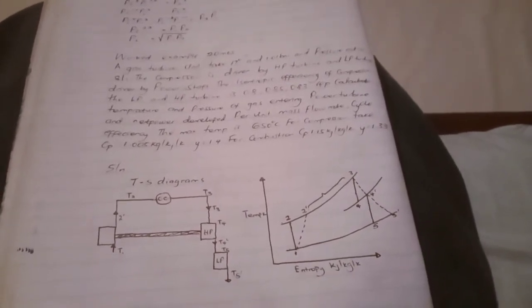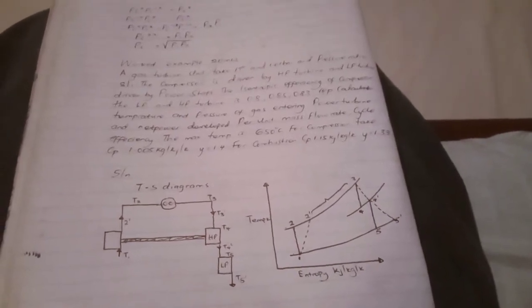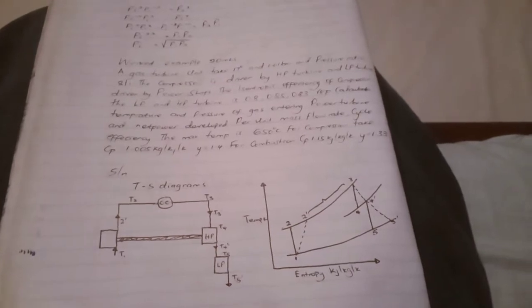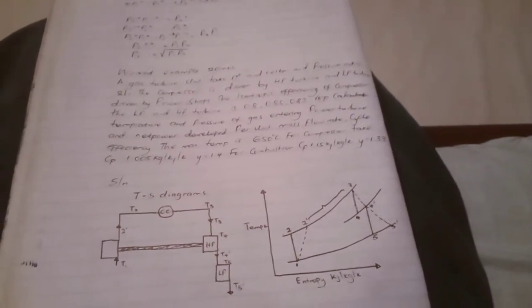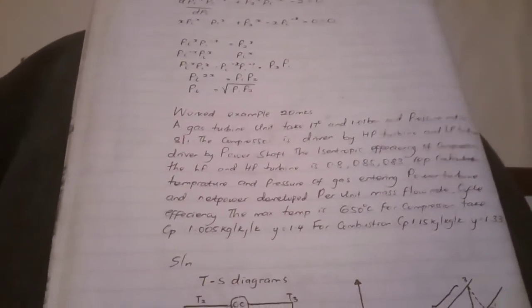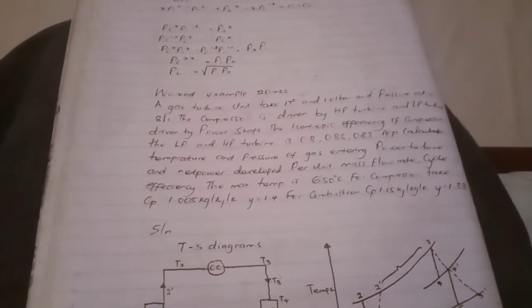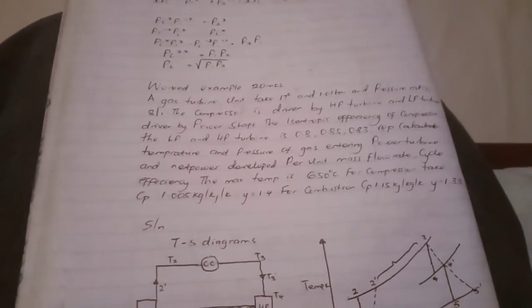The question says: a gas turbine unit takes in air at 17 degrees and 1.01 bar, with a pressure ratio of 8:1. The compressor is driven by the HP turbine, and the low pressure turbine is driven by the power shaft. The isentropic efficiencies of the compressor, the low pressure turbine and the high pressure turbine are 0.8, 0.85 and 0.83 respectively.